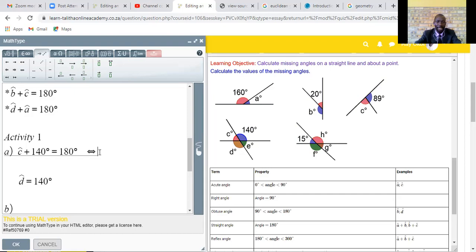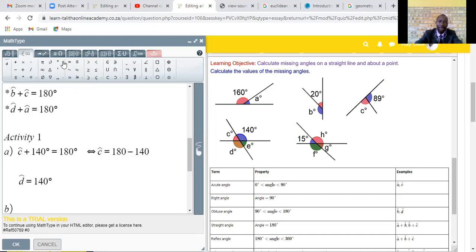That means on the left-hand side, we are going to be left only with C. So C now equals 180 degrees minus 140 degrees. Okay, that is 180 degrees minus 140 degrees.